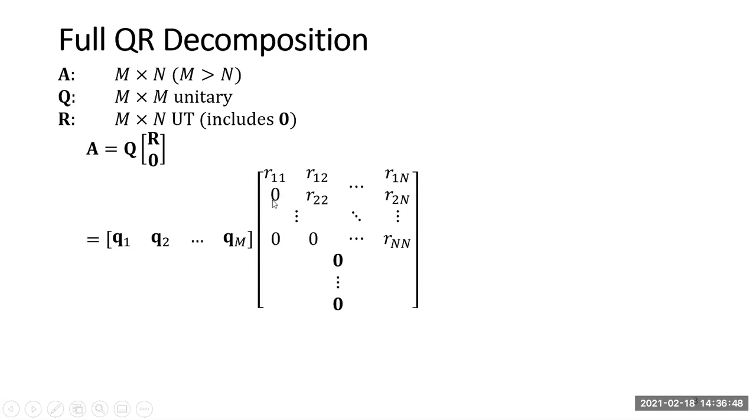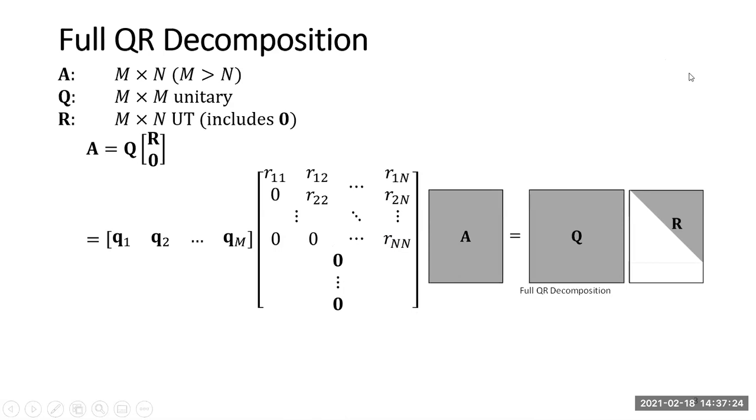Because it's upper triangular, the lower triangular elements are 0. So I have 0, R22 until R2n, and so on. In the nth row, N as in Nebraska, all zeros except the last element, Rnn, the diagonal element. And then we have all zeros below, each row of this is 0. Okay, so this is the form of the full QR decomposition.